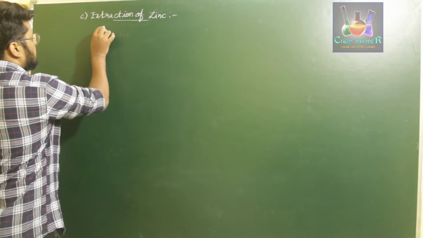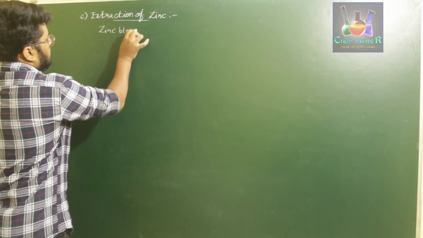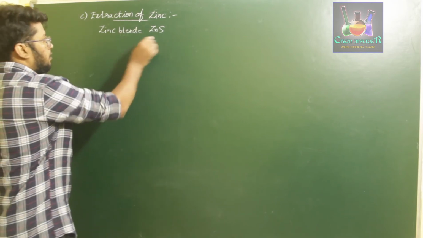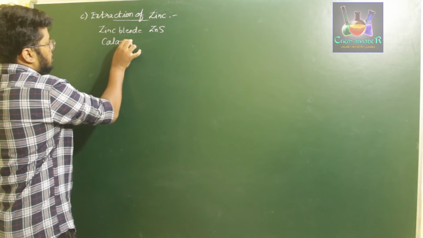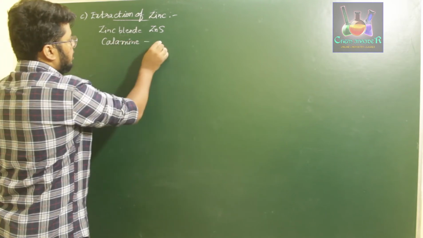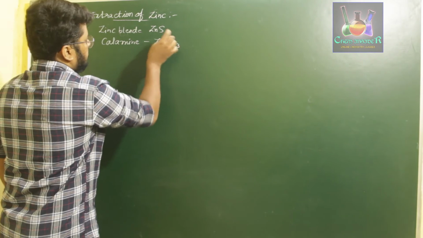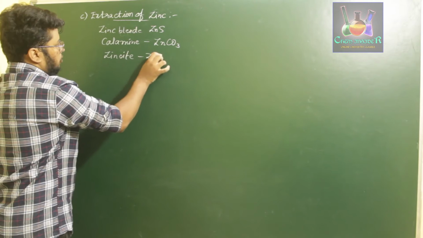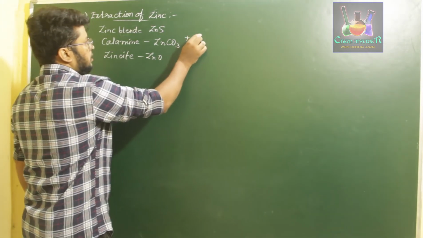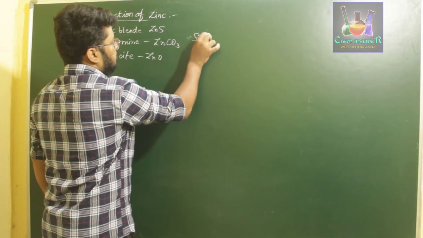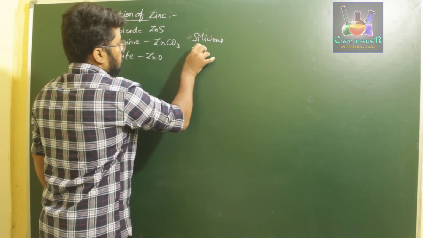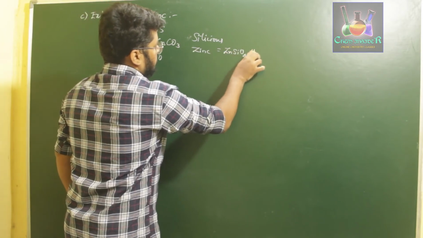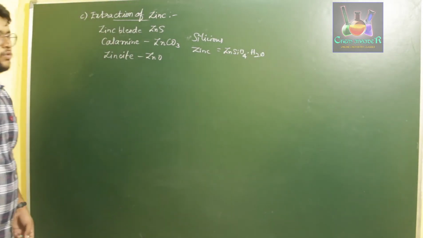The first one is zinc blende, which is an important one, ZnS, and then we have calamine, the second most important zinc ore, that is ZnCO3, and then we have zincite, that is ZnO, and then we have one more, siliceous zinc, that is ZnSiO4.H2O. So these are the four different ores of zinc.